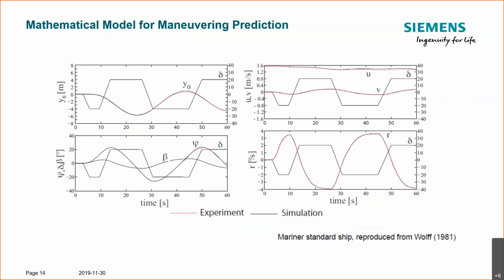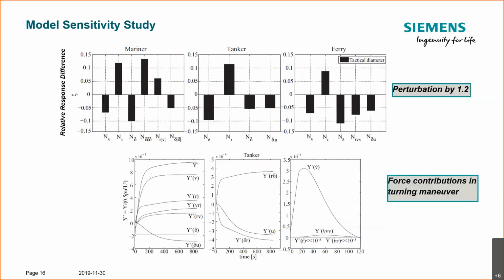Here, from a publication referenced here, you can see just an X curve. There are many more ship types and many more maneuvers that will run. Basically, this model has been validated thoroughly and is proven to be very good. The first step in reducing the model, and thereby the CFD PMM campaign, planar motion mechanism, is to do a sensitivity study.